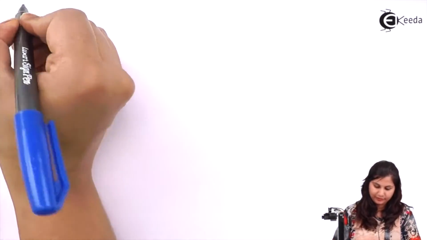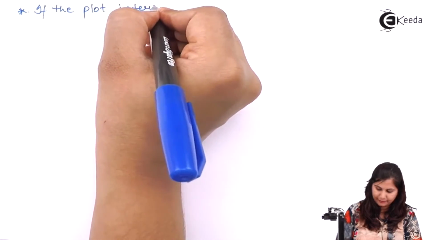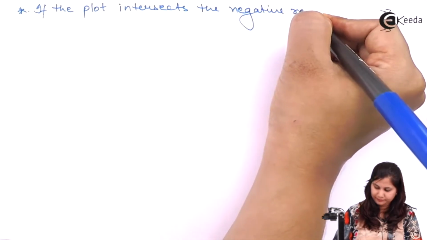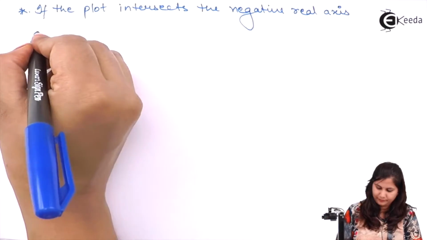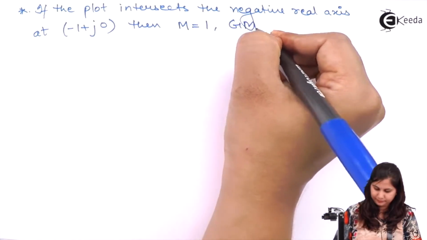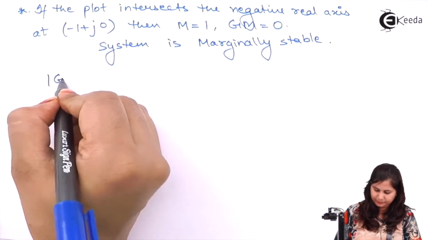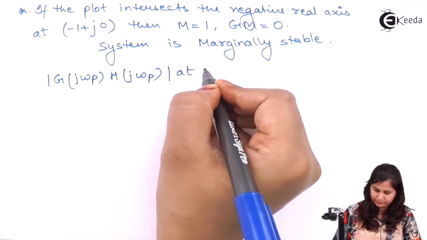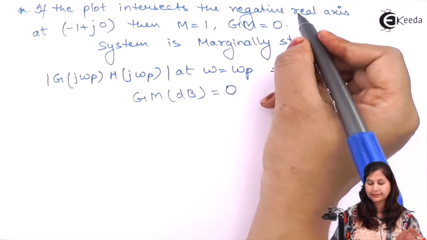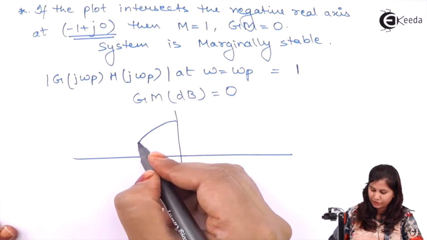Then, if the plot intersects the negative real axis at -1 + j0, then the system is marginally stable.